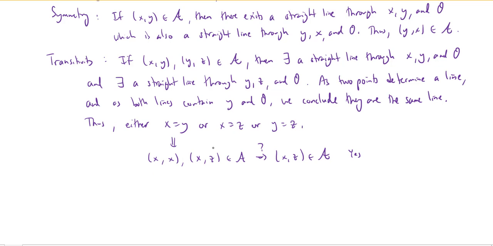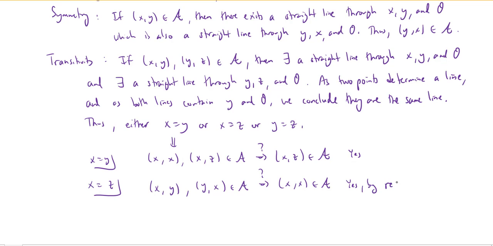Okay, what about if x is equal to z? Then we have (z, y) and (y, z) in A. Or if we like, we keep everything as x's, that's fine: (x, y) and (y, x). And we're asking, does this imply that (x, x) is an element of A? Well, it's not one of the 2 that we're given, but this is the reflexivity that we've already shown. So yes, by reflexivity.